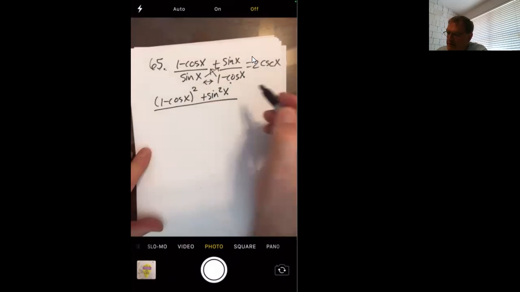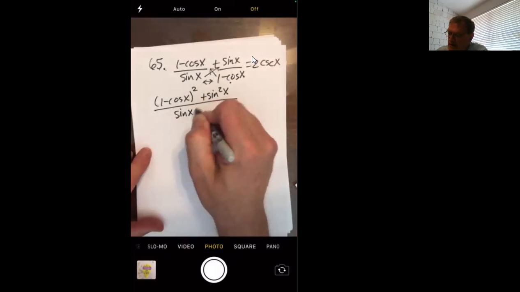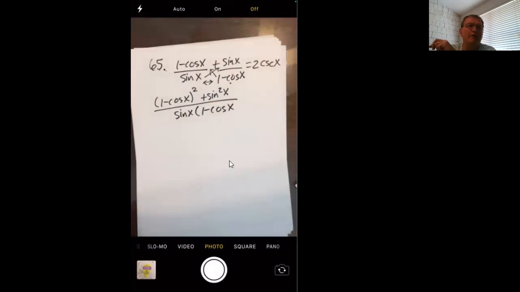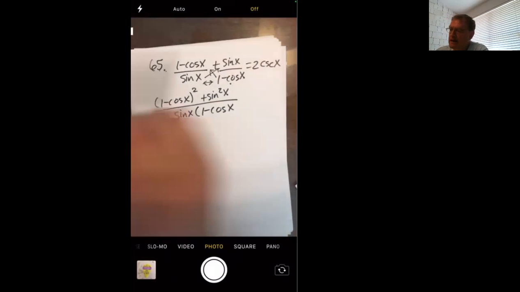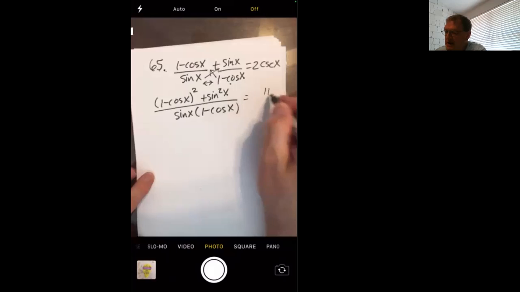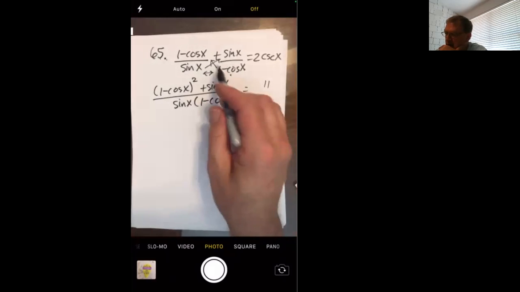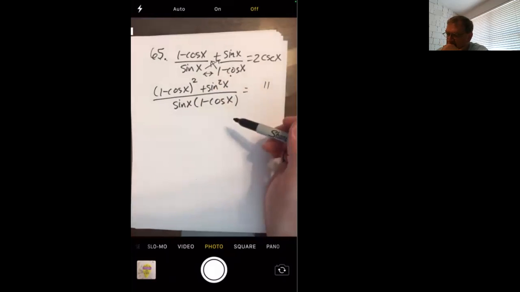On the bottom, your common denominator will be sine, 1 minus cosine. Equals on the side. Well, if I put them back underneath, I go right back to this and that. Let's FOIL.